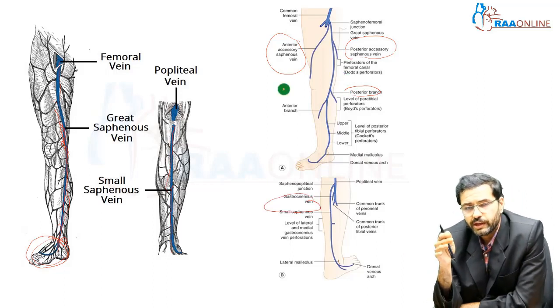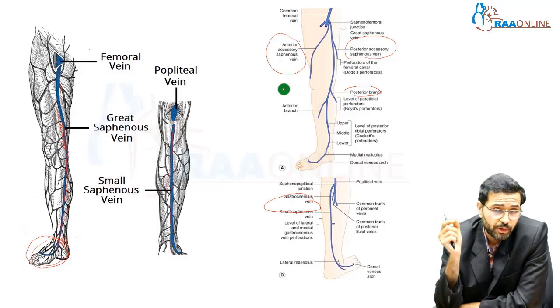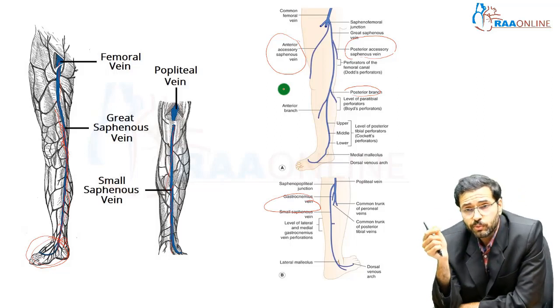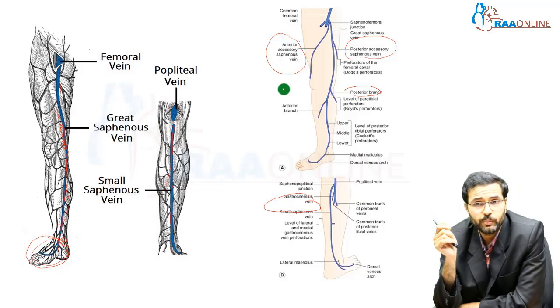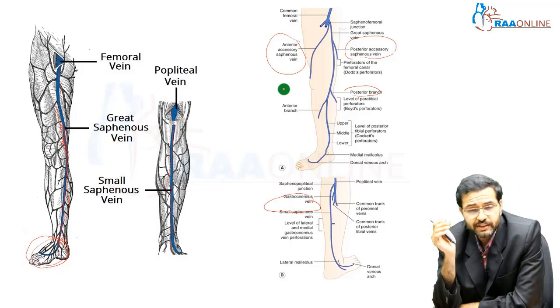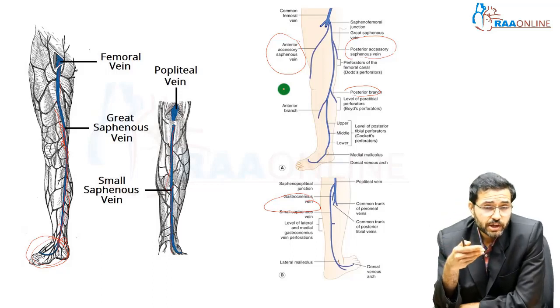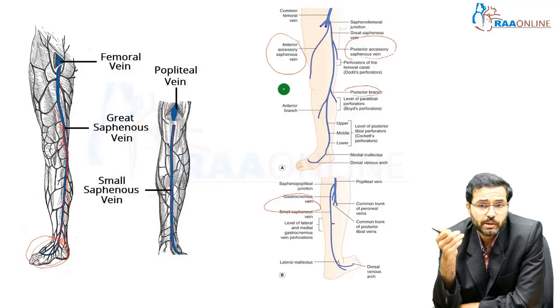The long saphenous vein and the short saphenous vein have a lot of draining communicating veins. The two most important are the anterior accessory saphenous vein and the posterior accessory saphenous vein, which drain into the great saphenous vein. With regard to the short saphenous vein, the most important communicating vein is the gastrocnemius vein.